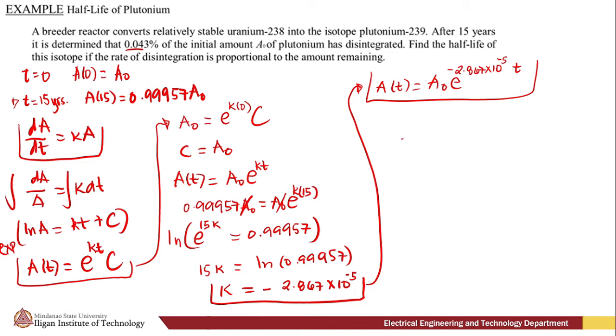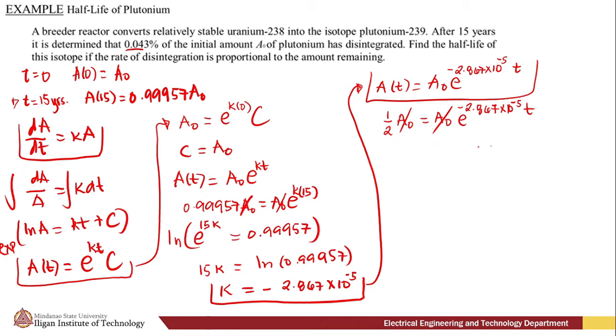Uranium-238. Half-life means that the amount of substance present is half of the original value. So 1/2 A sub 0 equals A sub 0 e raised to negative 2.867 times 10 to the negative 5 t. Cancel A sub 0.